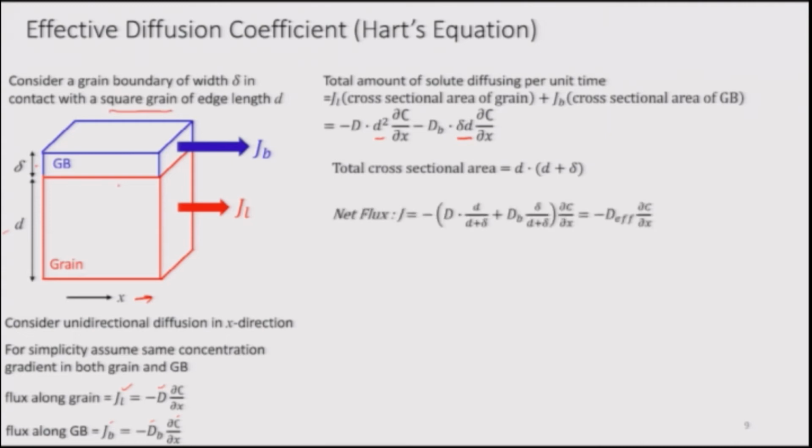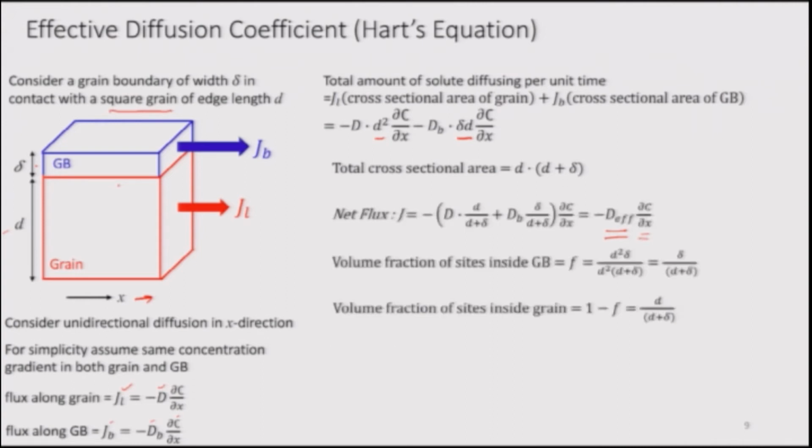And if we express the net flux as J is equal to minus D effective times dou c by dou x, the D effective would come out to be this expression here, D times d plus D_B times delta, divided by d plus delta.